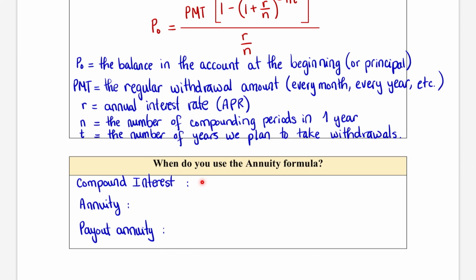Compound interest formula is used when you make one big deposit. Annuity is used when you make many deposits. Payout annuity formula is used when you start taking the money out of the account and making many withdrawals.